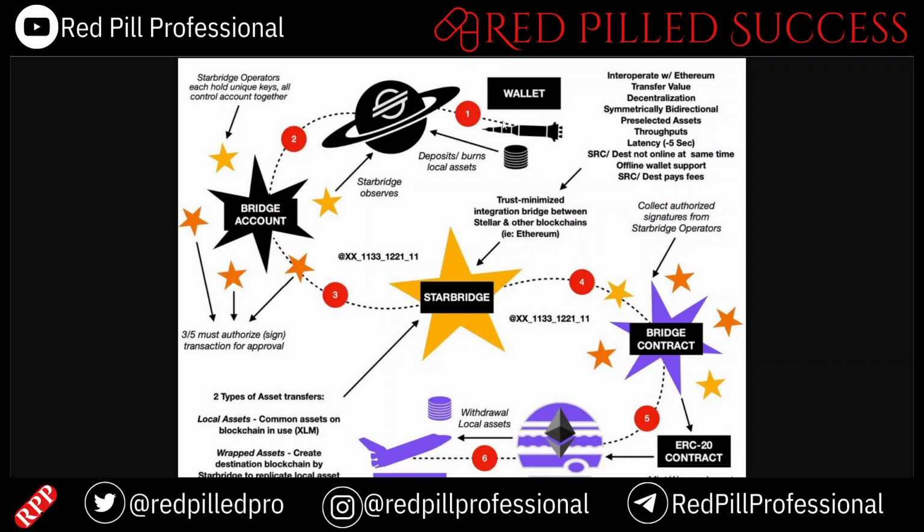So it works when you put your XLM into a wallet that is connected on the XLM network, obviously, and then it goes into this bridge account, which must authorize that transaction for the approval in this kind of an application.